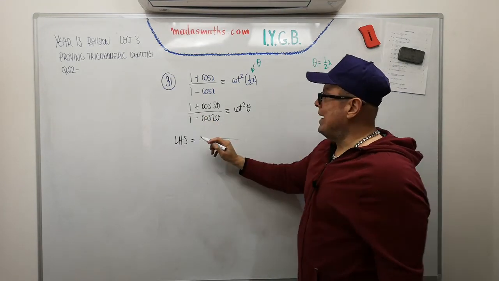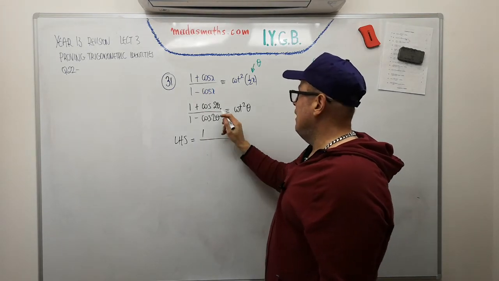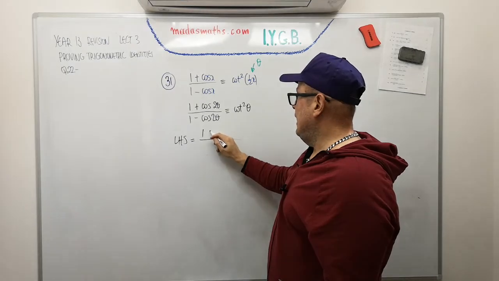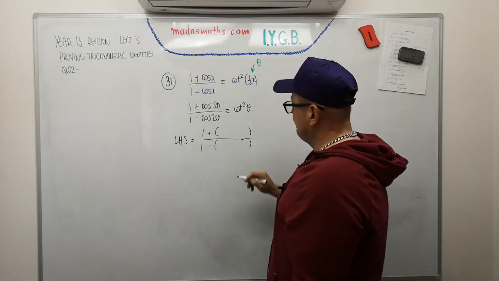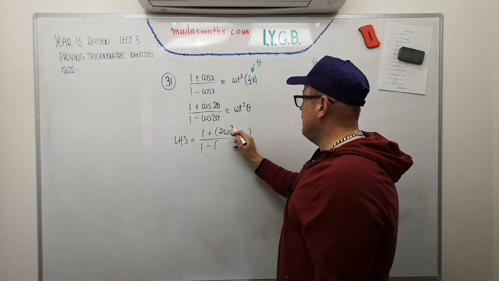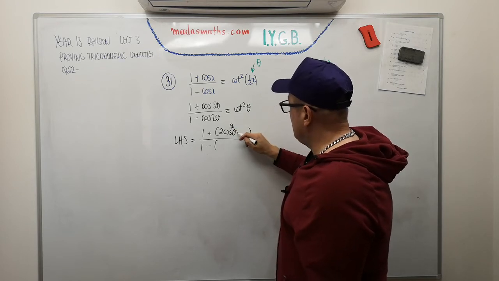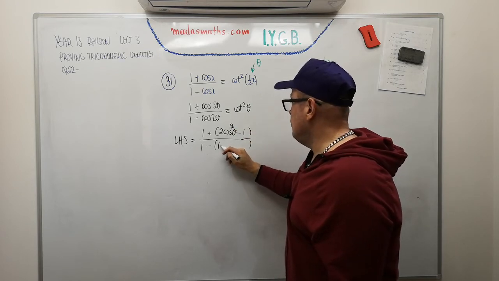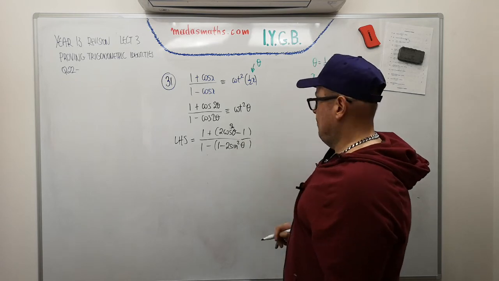And the way you do this, if you start from the left, we need to get rid of these ones, so we need to use the double angle for cos that destroys the one that's there. So for this one, we need 2 cos squared theta minus 1, and for this one we need 1 minus 2 sine squared theta.